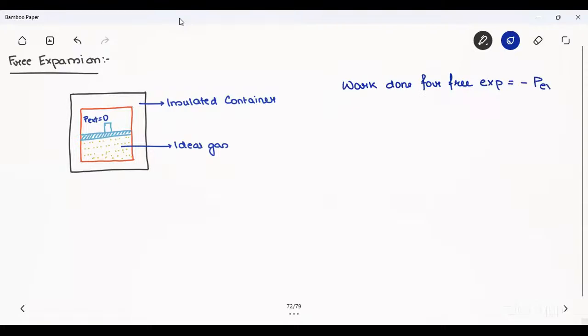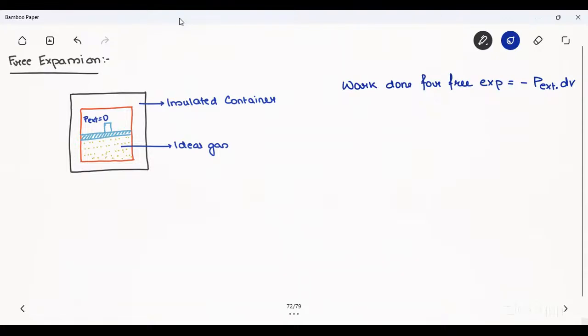Minus P external dV, or delta V, whatever you write. But here, this P external remains 0. Obviously you can say, ma'am, it is not being pressed, but this gas can exert a pressure on this piston. Yes, of course they do.